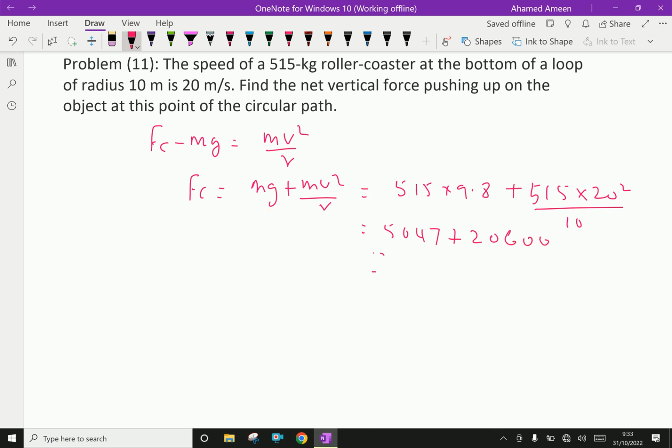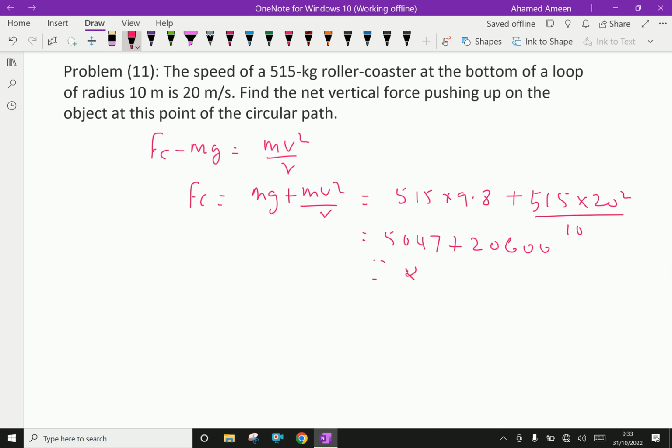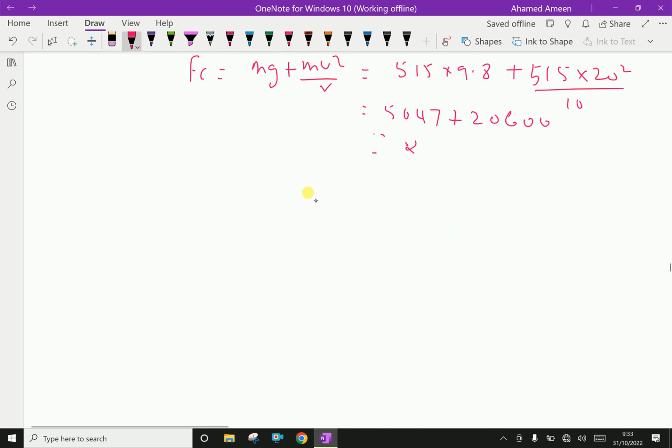Both add up: 5047 plus 20,600 equals 25,647 Newton.